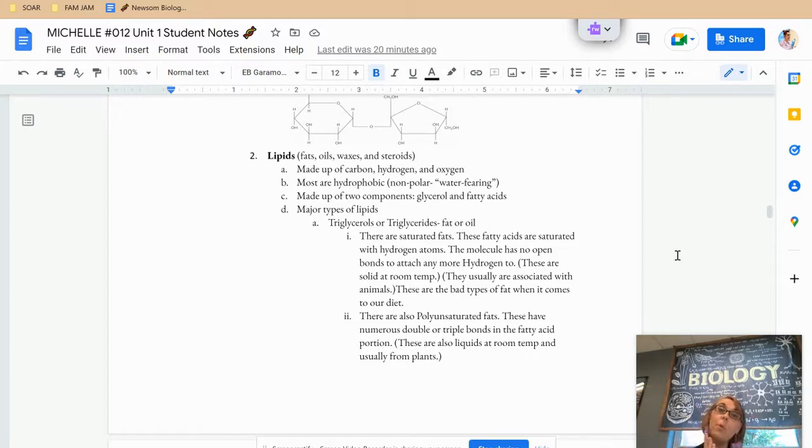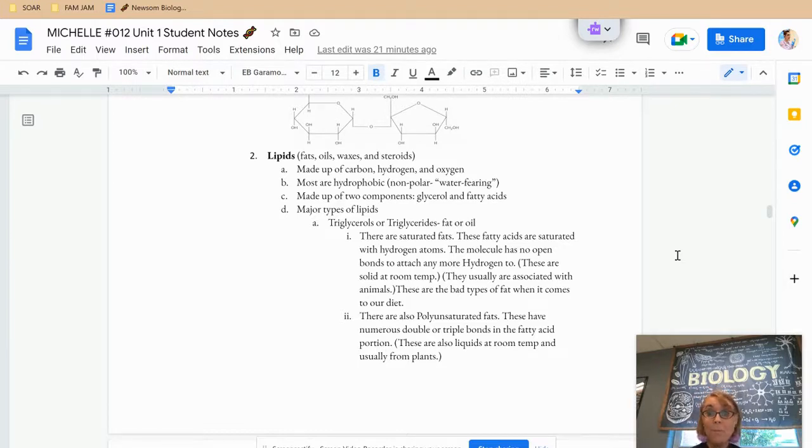A lot of these come from animal sources. So saturated fats in our diet, we're going to want to keep low because of their structure, and our body doesn't know what to do with them. If we over-saturate our bodies with saturated fats, then we start having clogging issues in our veins, pulmonary arteries, things like that.